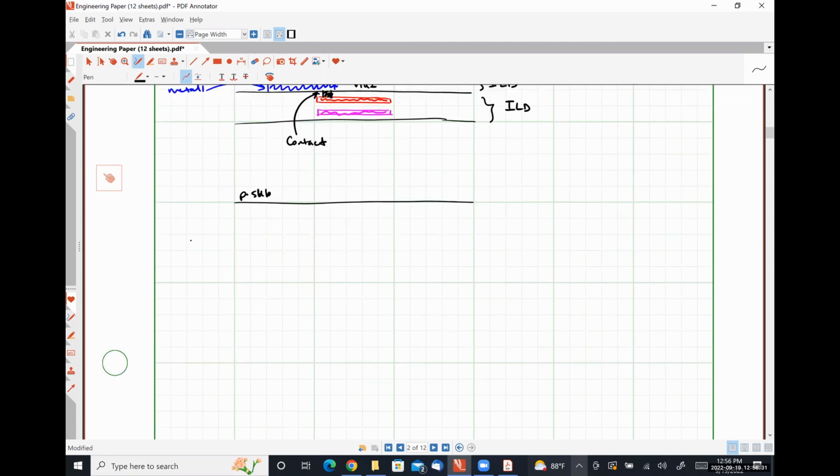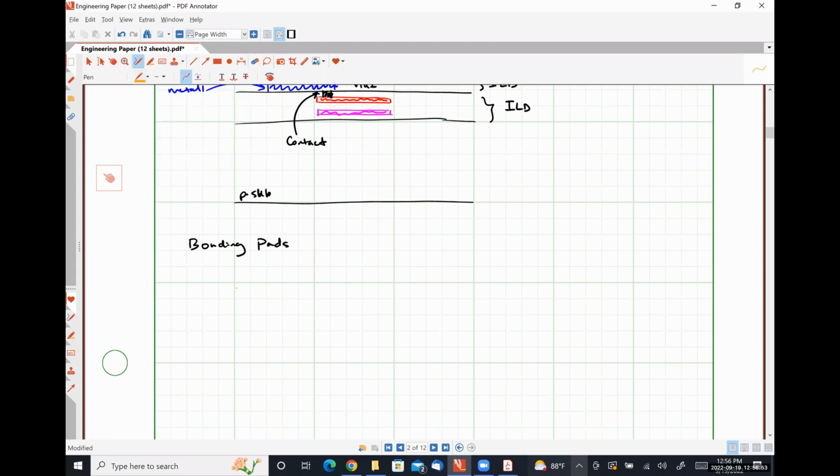Let's write down here. Bonding pads. All right, so the SCMOS design rules are in the document, but we'll talk our way through them here really quickly.